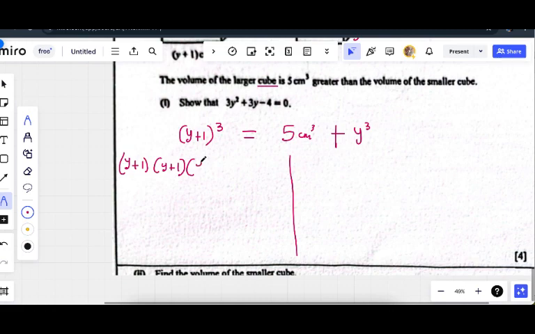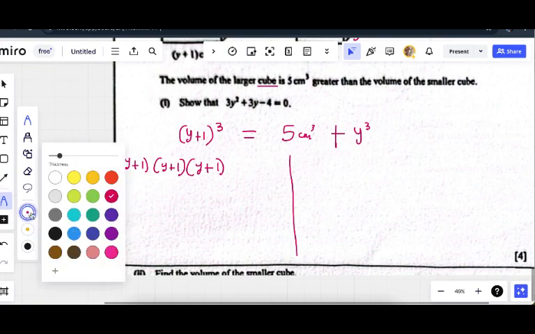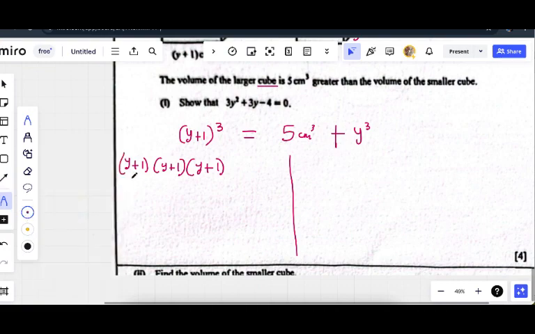That's the meaning of y plus 1 raised to power 3, meaning you repeat this 3 times. So the first thing we do is to expand the first two. If you want to do it all at one time, it will be cumbersome for you. So you do the first two as usual.